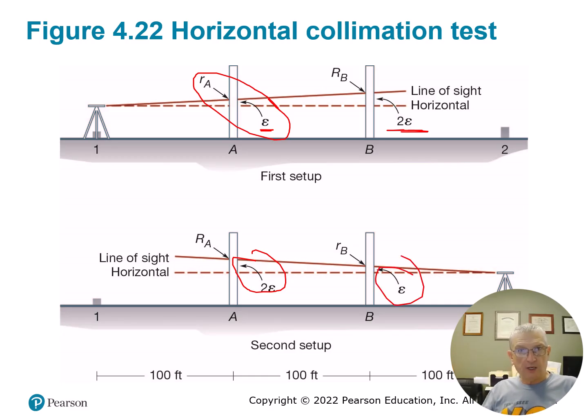But if they're not, it's just like with trigonometric leveling, where you get the vertical difference from A to B and then from B to A. If you take the average, it's taking out the instrumentation error if you've done everything else perfectly, in theory. This is similar: at 200 feet you're going to have twice the error that you do at 100 feet, obviously, but you're going to have a difference between A and B from one setup to the other that's reflective of the collimation error in the instrument.